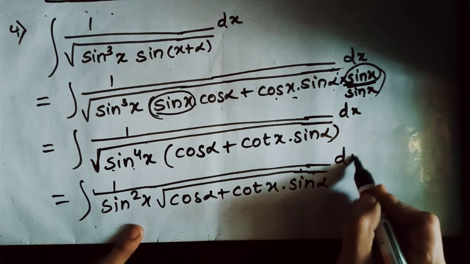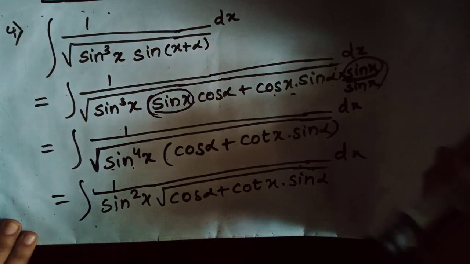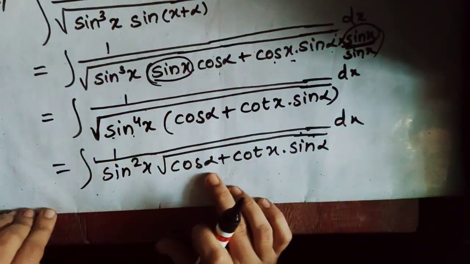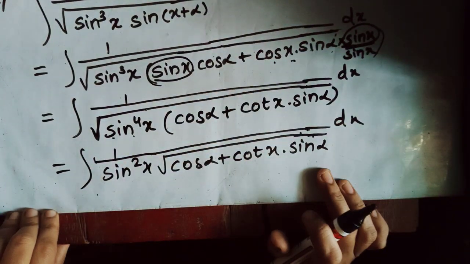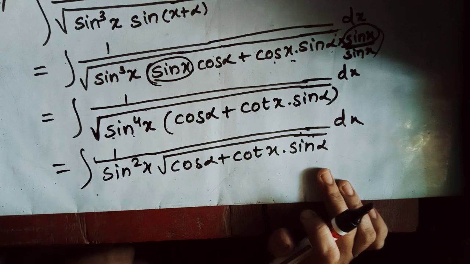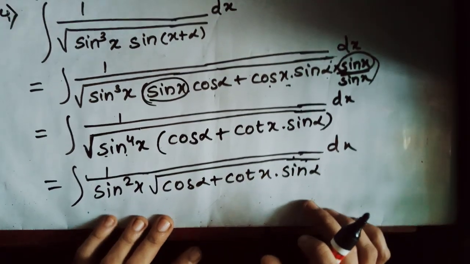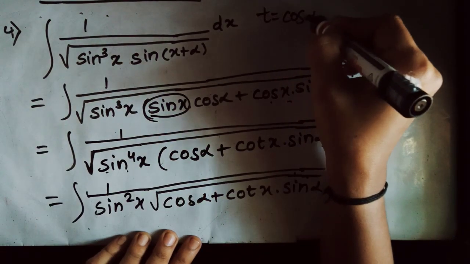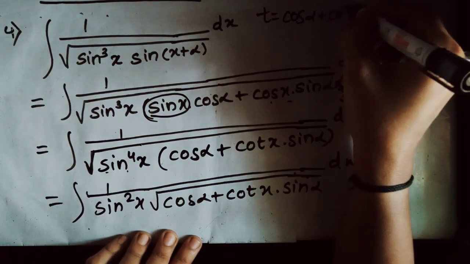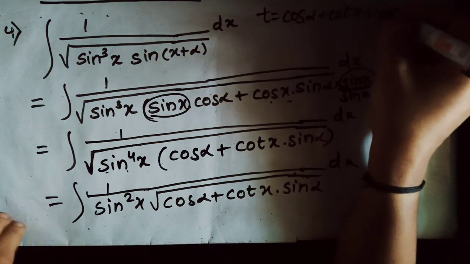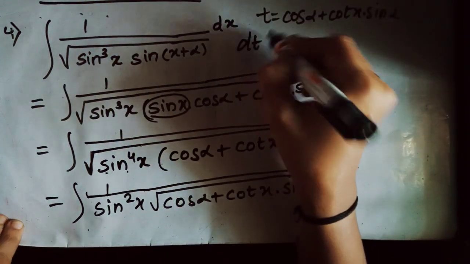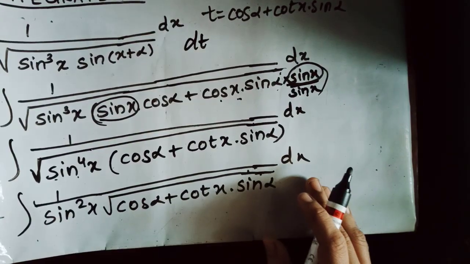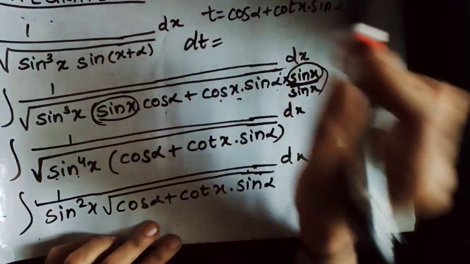dx. Now take this cos alpha plus cot x into sin alpha as t. If I take this as t, so t equals cos alpha plus cot x into sin alpha, right? So dt will be what? Now cos alpha is a constant term, so this is 0.